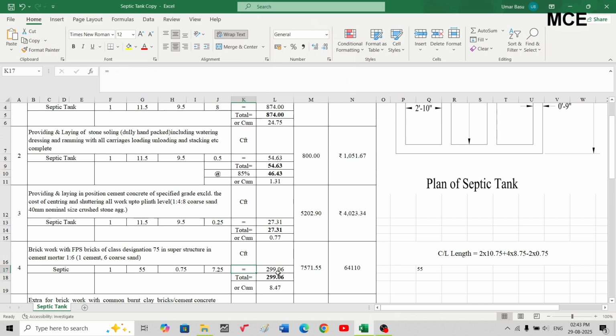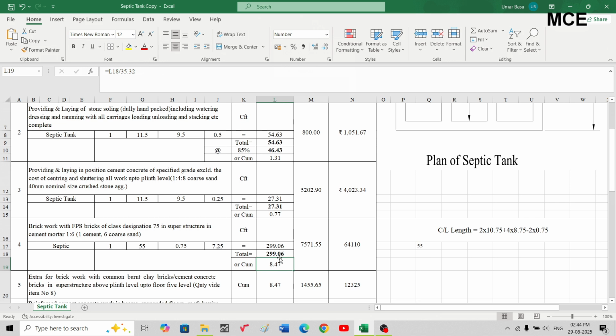So total quantity in cubic feet is 299.06 cubic feet, and you have to divide it by 35.32, which is 8.47 cubic meters.